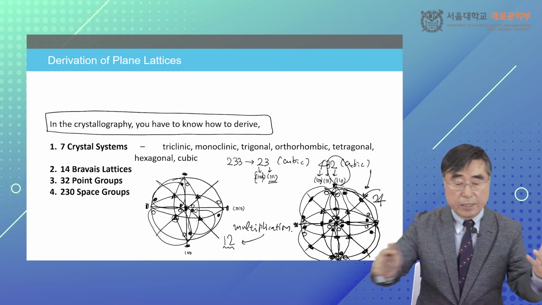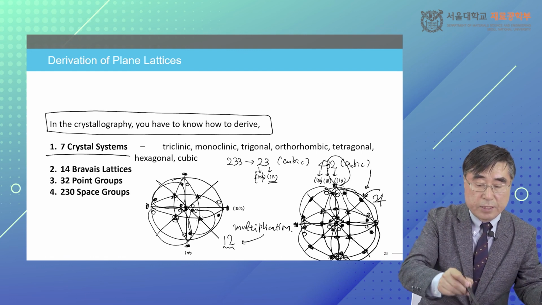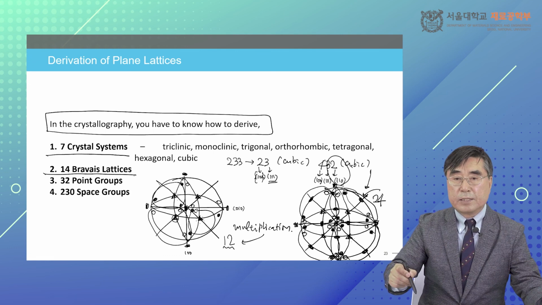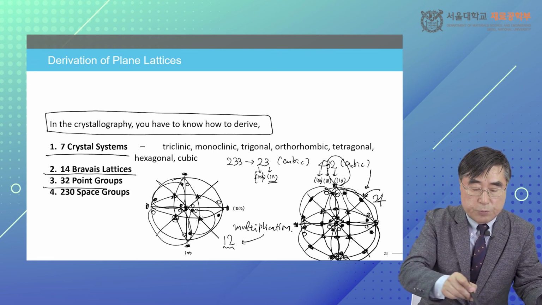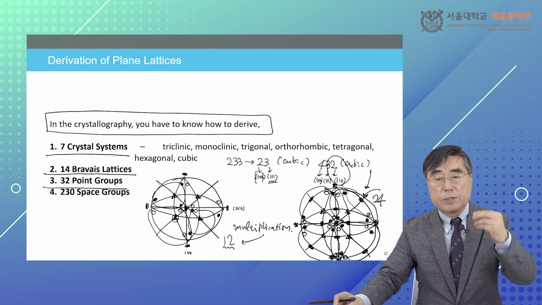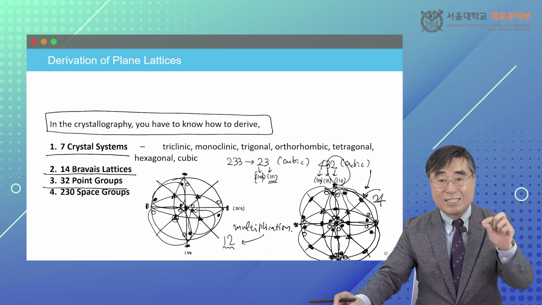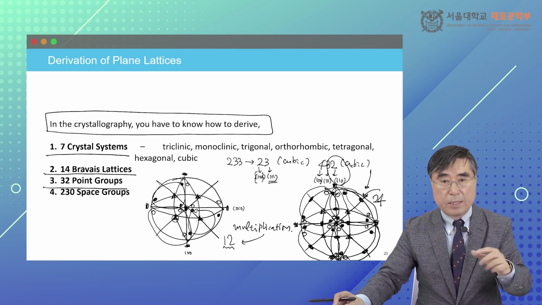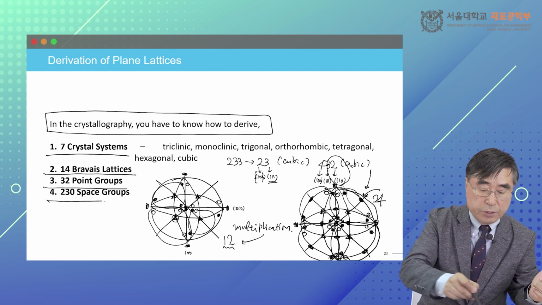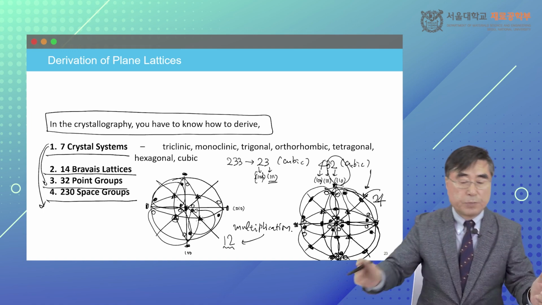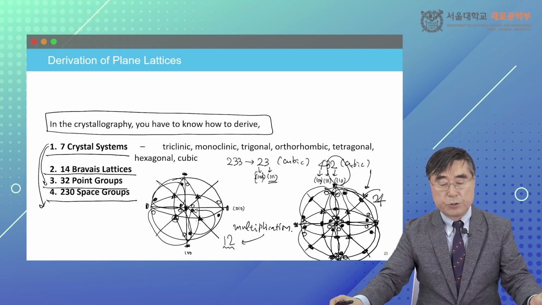If we do that, we can generate 7 crystal systems, 14 Bravais lattices, and 32 point groups. These 32 point groups are all the possible symmetry elements along each lattice point. Also we can derive 230 space groups, but in this lecture I will go up to the derivation of the 32 point groups.